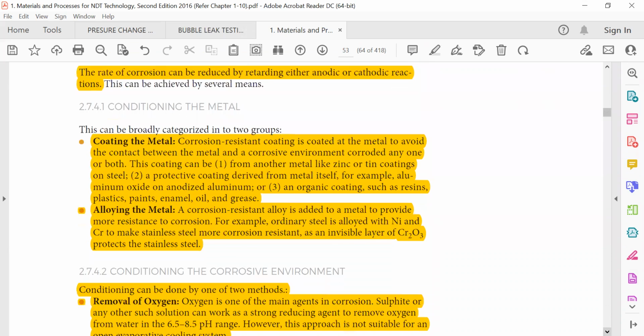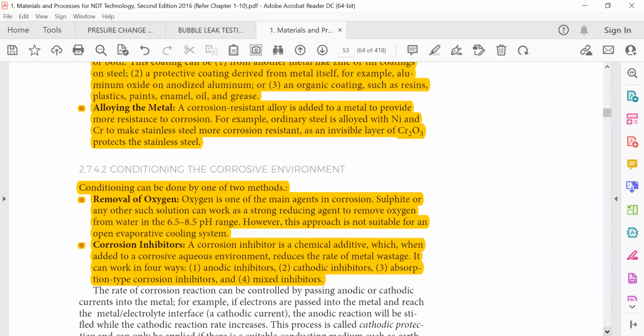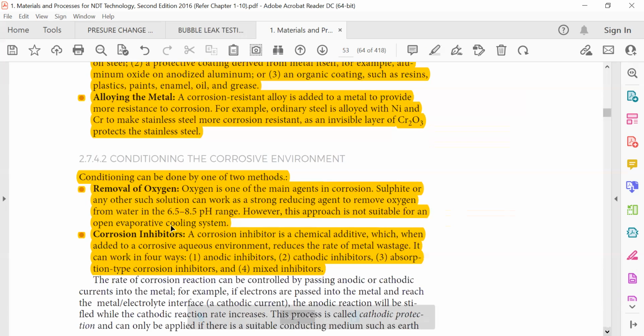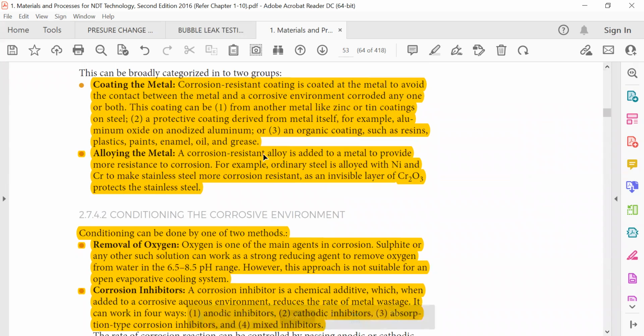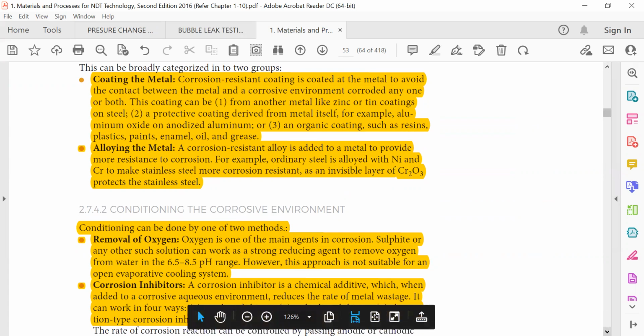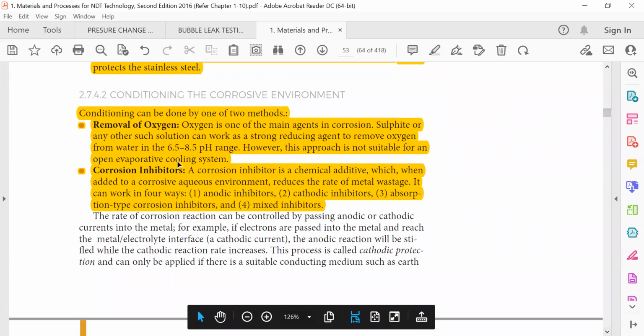Corrosion protection: coating the metal, alloying the metal, removal of oxygen, corrosion inhibitors. Any of these will help: coating the metal with zinc, organic coating, resin; alloying the metal with chromium, nickel chromium; removal of oxygen; and corrosion inhibitors.